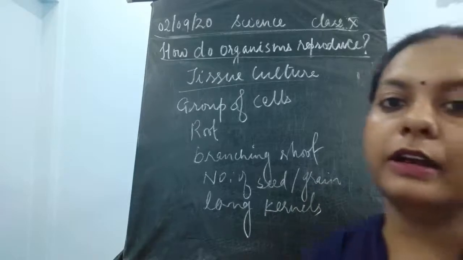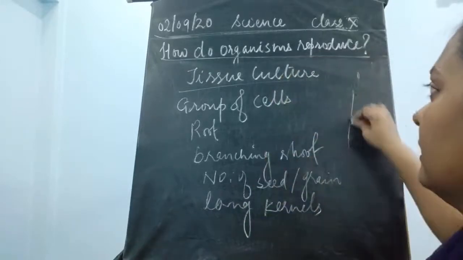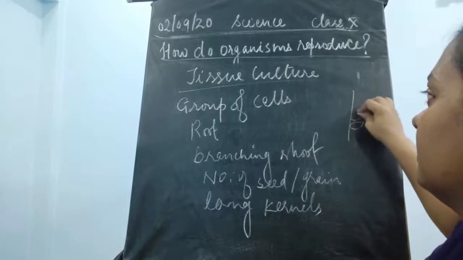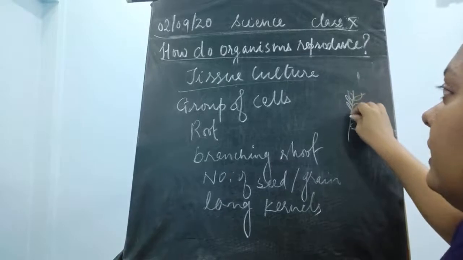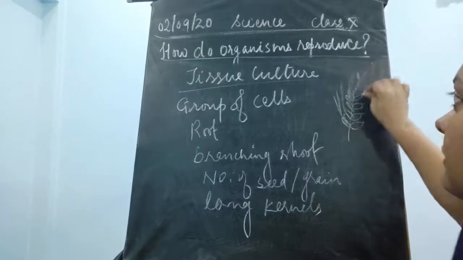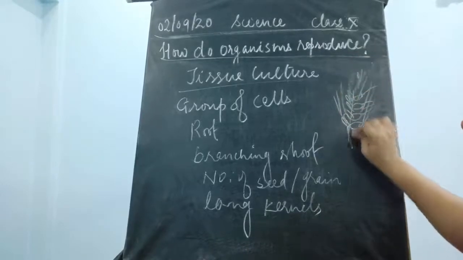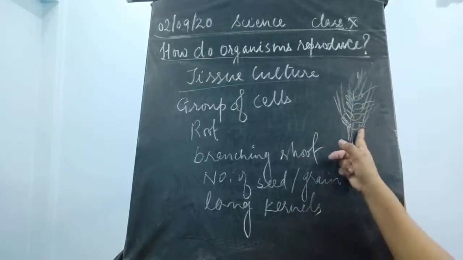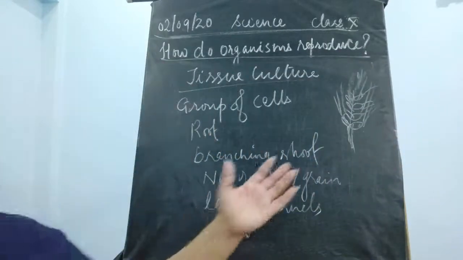Kernels means the structure in which the grain of the rice or the wheat is there. So this is known as the kernel. This kernel is being taken and we'll count.